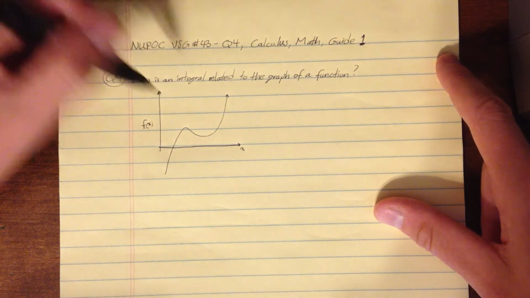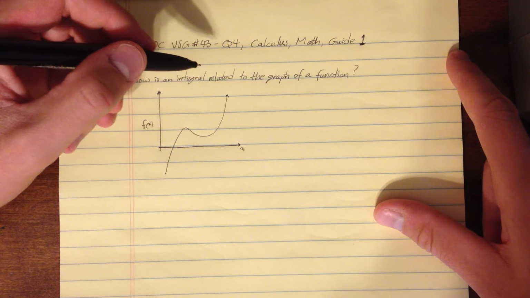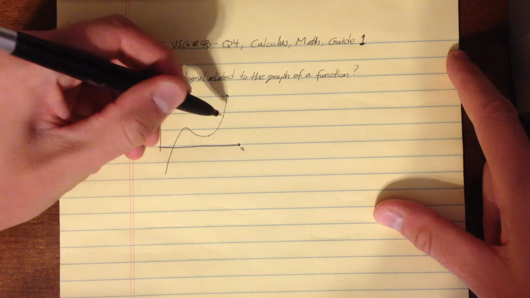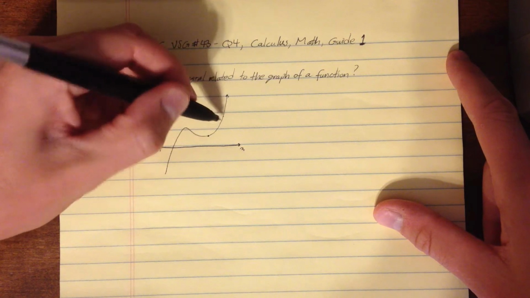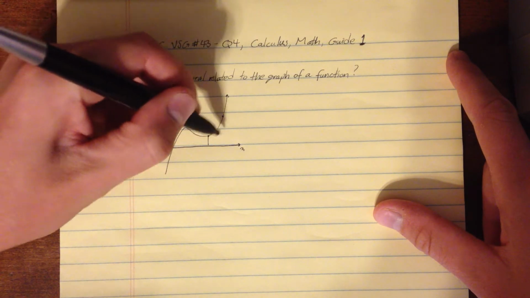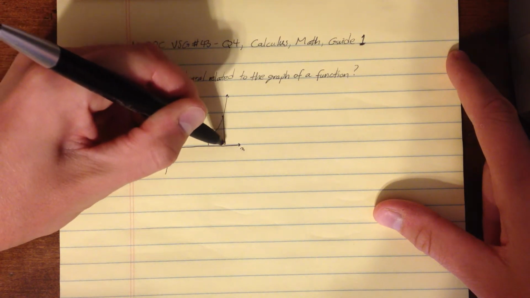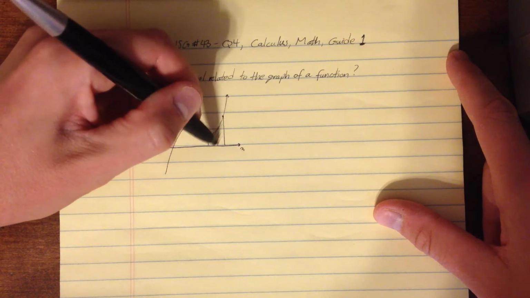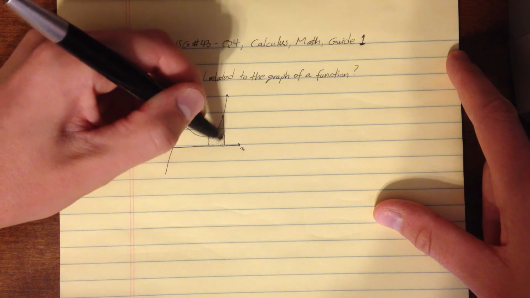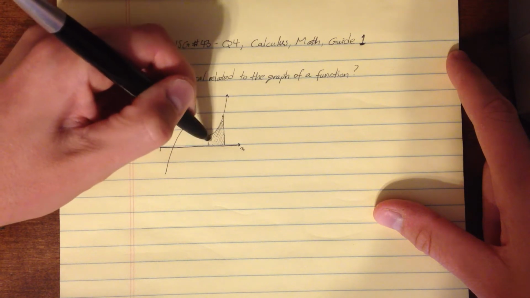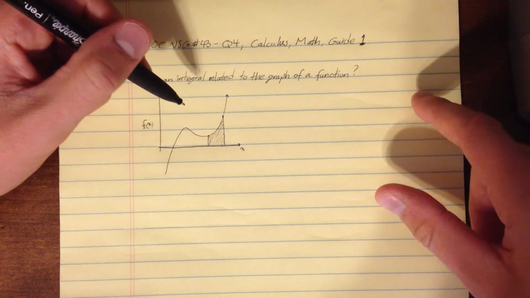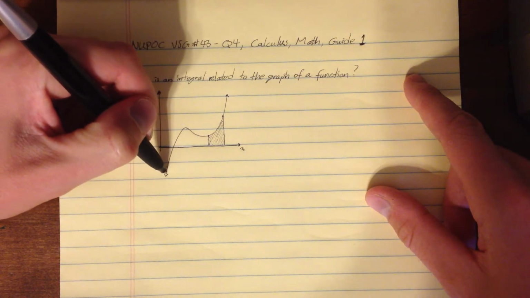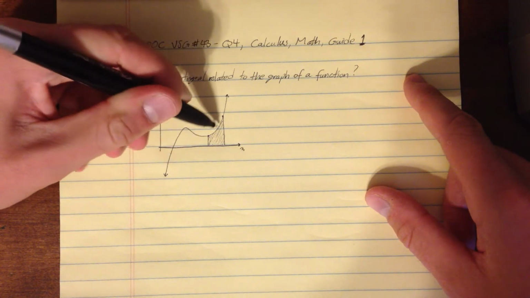Now the definite integral is going to give us the area under the curve, between the curve and this axis, if we evaluate this definite integral. If we have just the indefinite integral, that will give us the function for which our function here is the derivative.